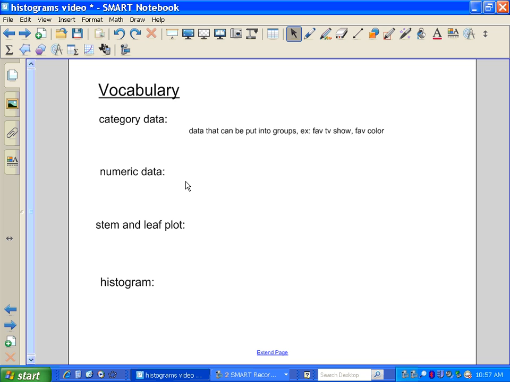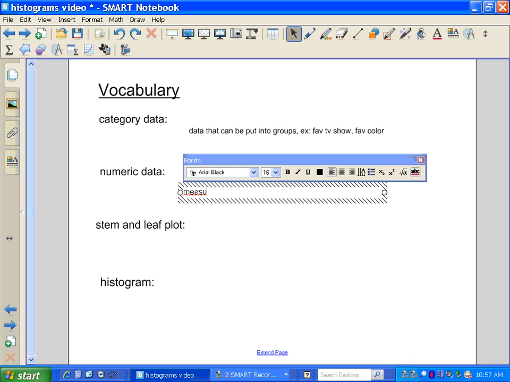Numeric data, we said, is like measurement data, okay? So data must be in order. Data must be in order. You can change the scale. So these are all important things to remember about numeric data.